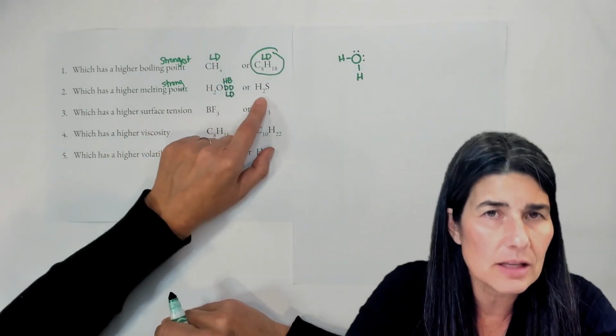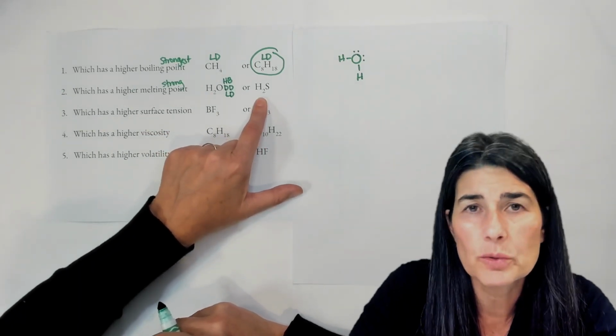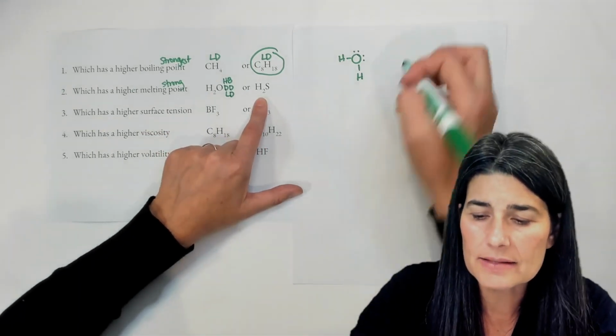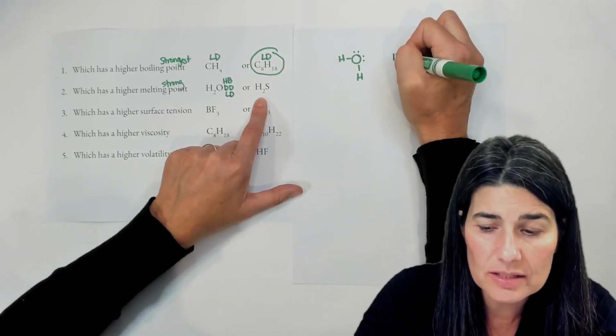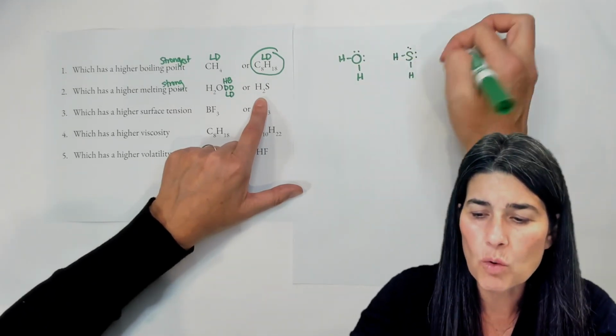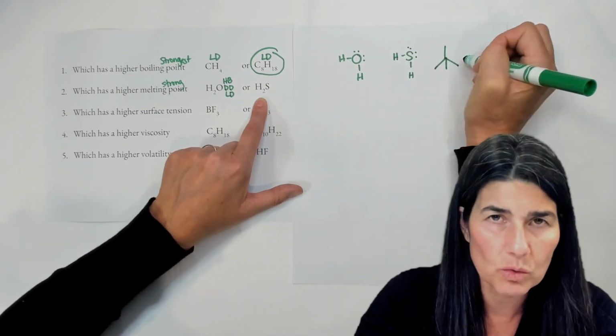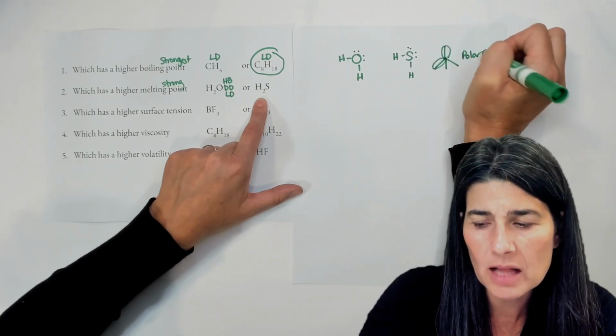Now let's take a look at H2S. If you take the time to write the Lewis structure for H2S, what you're going to see is that you have a molecule that looks just like water. This is a tetrahedral molecule with 2 lone pairs. It is a polar molecule.